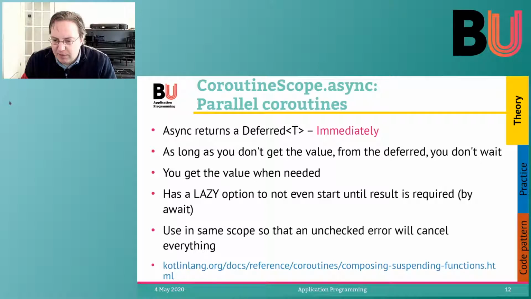And an interesting part is that if you have two values that you are waiting to add up, and one of them causes an exception, the other one will be cancelled as soon as that exception has been thrown, because the entire coroutine scope will be cancelled because of the exception. So the rest of it will just be cancelled as soon as possible, rather than having to wait until the other one finishes to continue.